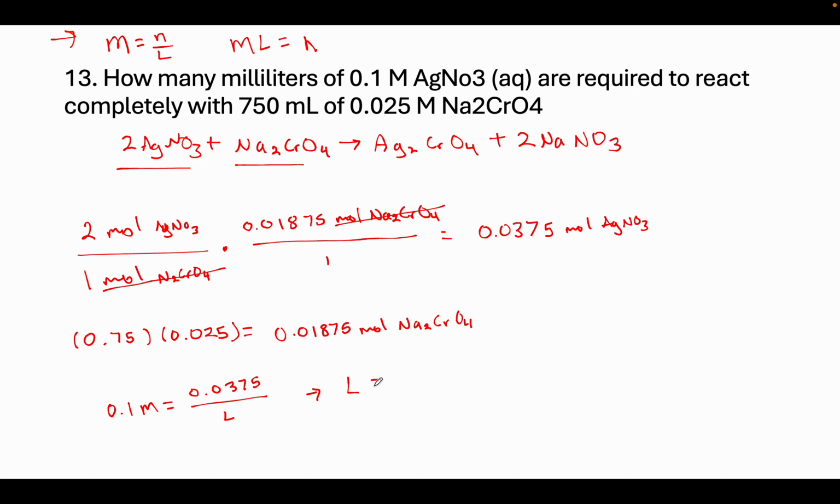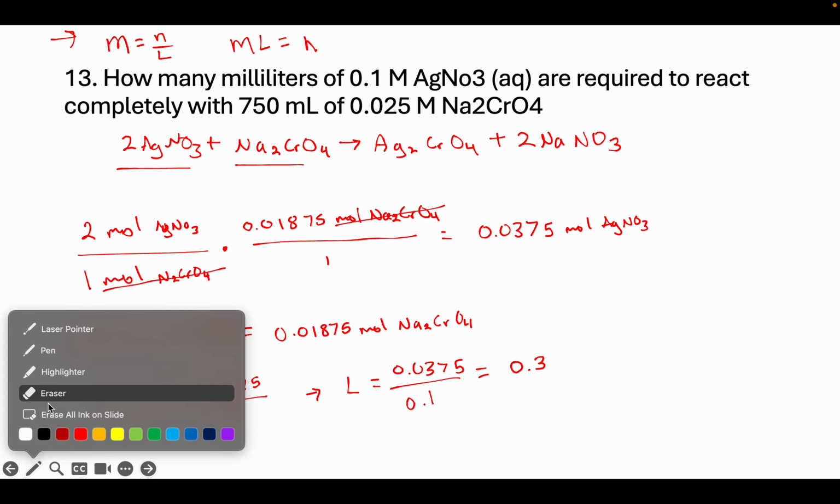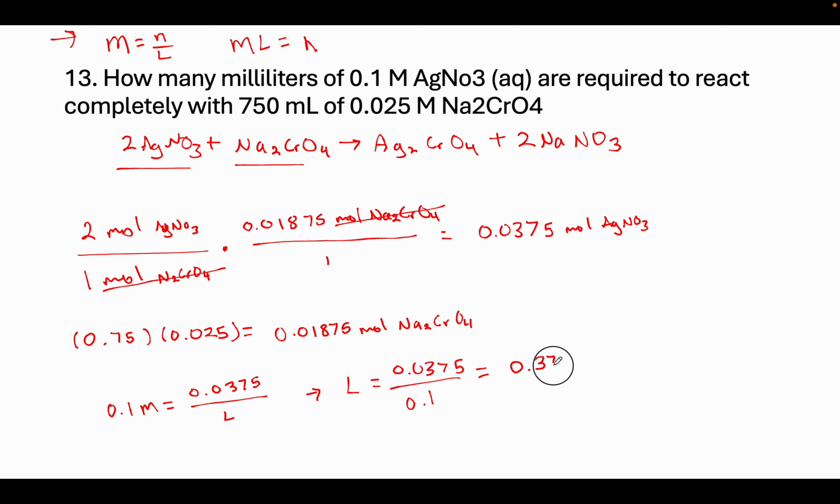It's going to be L equals 0.0375 over 0.1. This is going to give us 0.375. Oh, my bad, y'all. 0.375 liters, of course. Liters.